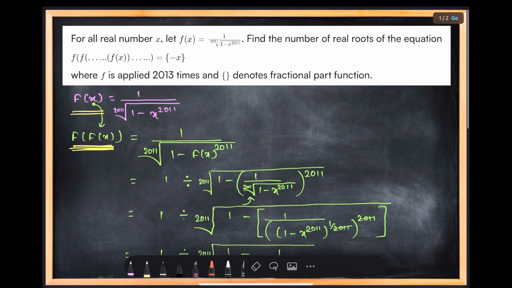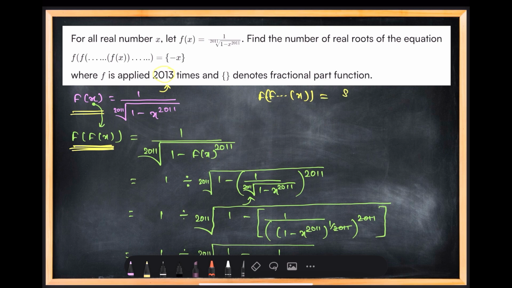Okay, so look at the number, this is 2013, which is a multiple of 3 because this number is divisible by 3. So if we talk about f of, right, we will be having x.